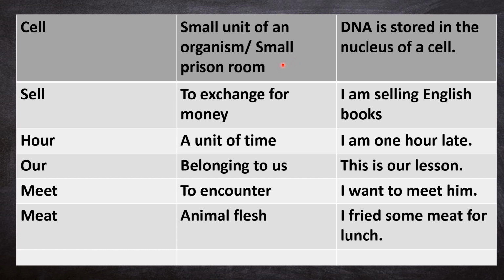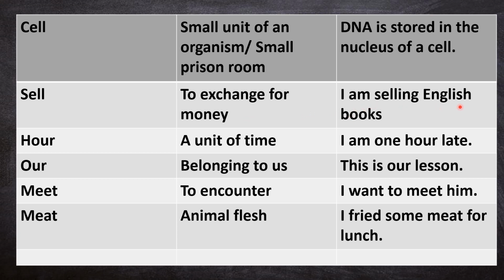Cell, small unit of an organism, or also means a small prison room. So this example is referring to this small unit of an organism, which says DNA is stored in the nucleus of a cell. And then another cell word is to exchange for money.